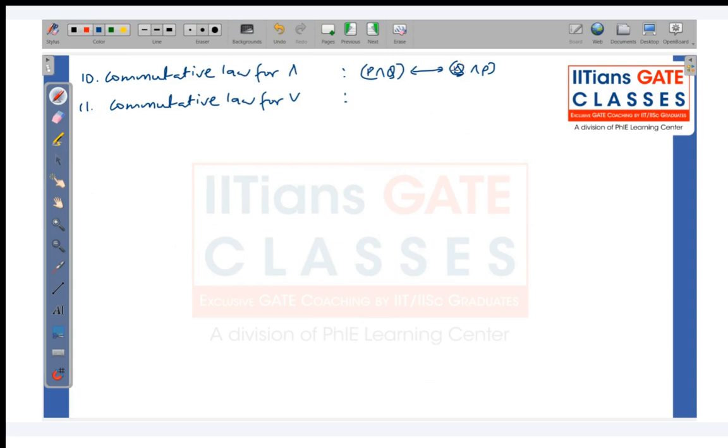These two are logically equivalent. Is it clear? Okay, so putting this biconditional, the bi-implication as logical equivalence, it's a fairly powerful tool if you understand it well. Same way for disjunction, P or Q is logically equivalent to Q or P.